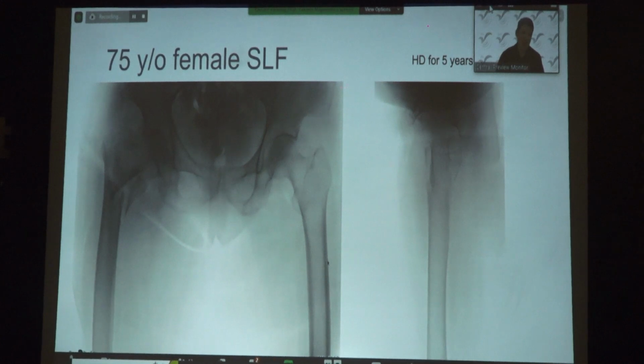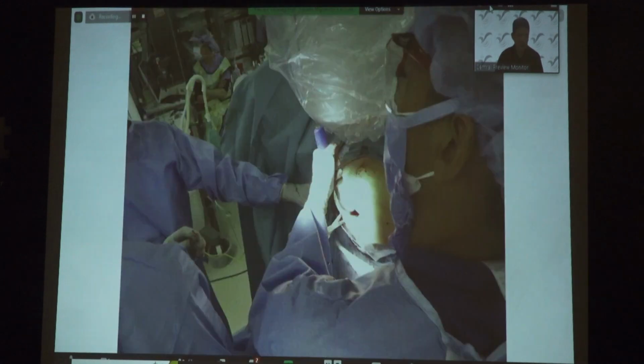Here's the last case, a 75-year-old female, same-level bone. She also had chronic renal failure and had been on dialysis for 5 years. It was a pretty unstable fracture; you can see the lesser trochanter is off and the greater trochanter is also fractured.